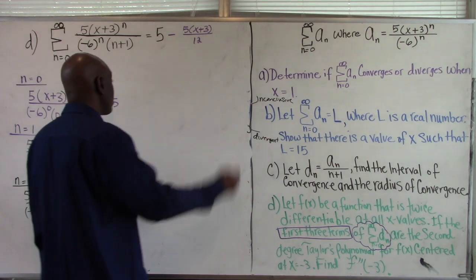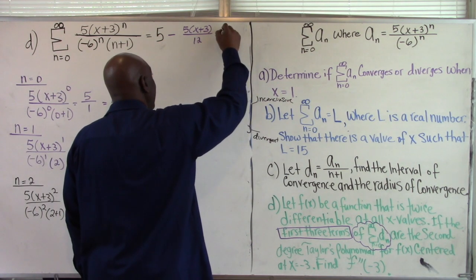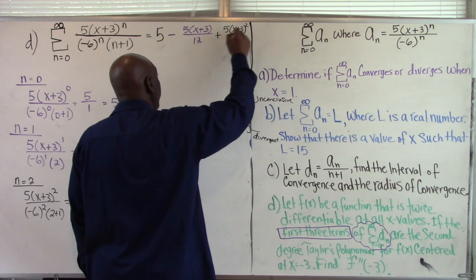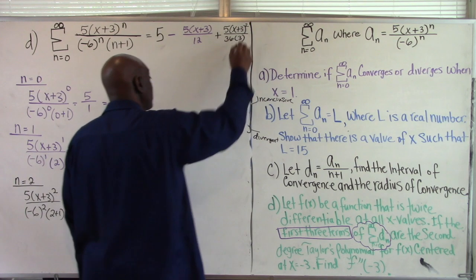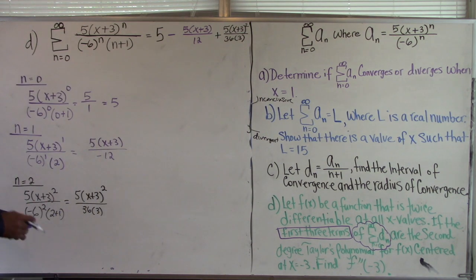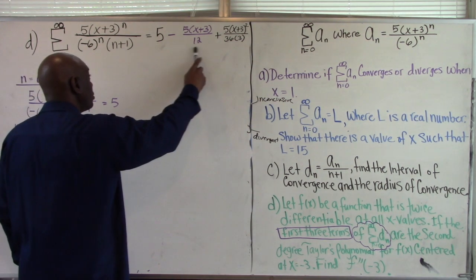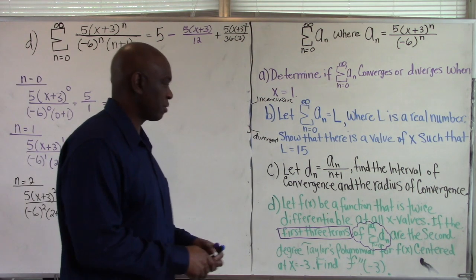Okay, that's going to be plus 5 times (x plus 3) squared over 36 times 3. All right, so those are my first 3 terms. Term 1, term 2, term 3, of the sequence, okay?